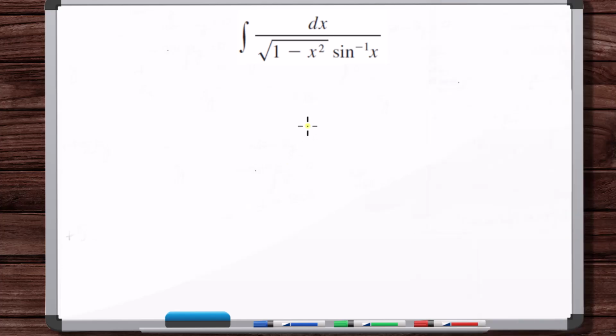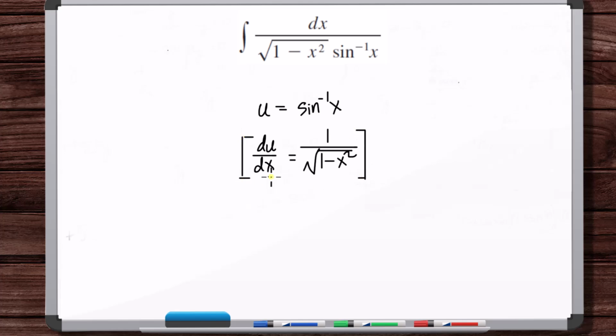So we can say that u is equal to inverse sine of x, du dx is equal to its derivative.